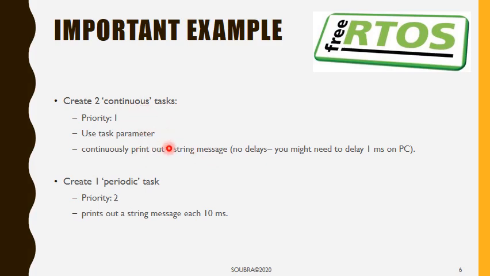So basically both of them are going to do the same thing. However, one task will probably print out its name or task number one, something like that, and the second one will print out a different message. So basically we're going to use the same body, same function, with different texts. So most definitely we're going to use the task parameter.